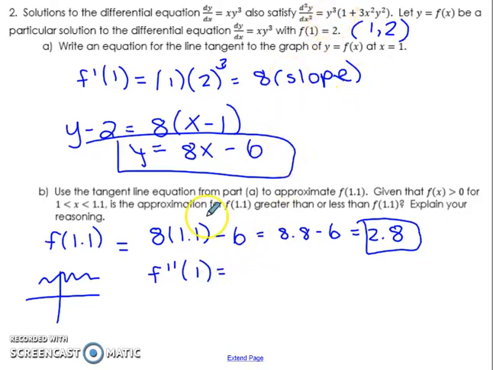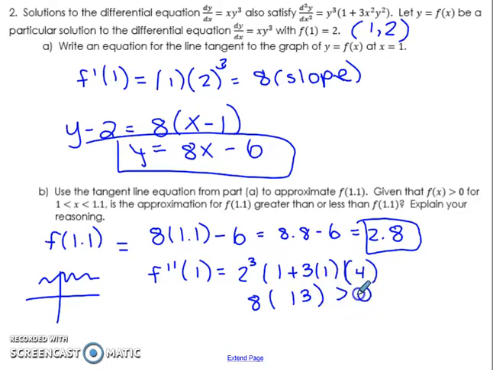So when I plug in 2 for y, so 2 cubed, and then 1 plus 3 times 1 times, it's supposed to be parentheses, 2 squared, so that would be 4. Okay, so if I figure out what this is equal to, this is going to give us 8 times 13, right, which is greater than 0.